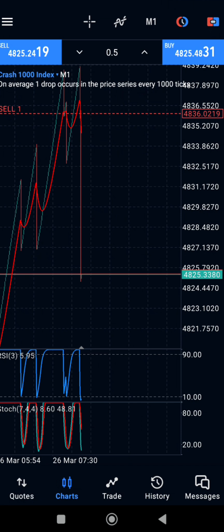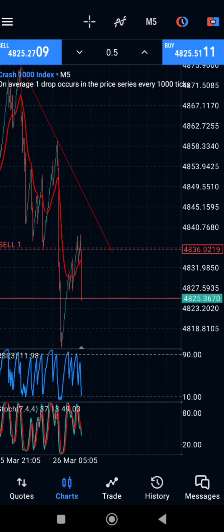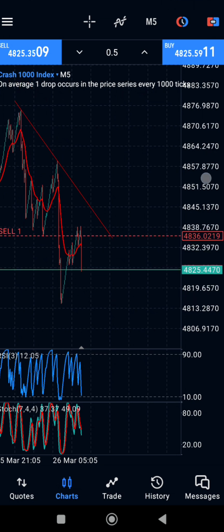You can see we are having a spike down on Crash 1000 Index. You can see that this is a very beautiful result, okay? The spike has not actually finished, all right? So we're still going to have more spikes on Crash 1000 Index, and as you can see on the screen, we are having a trend which is going down from this point, okay?